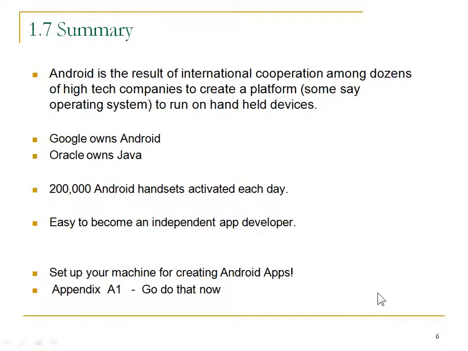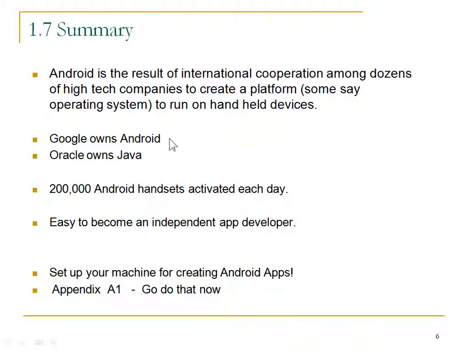Okay, so here's what we did in this first segment. We talked about how Android came about. Scores of companies, dozens and dozens of companies, cooperated to say this is what it should look like, and the Open Handset Alliance really is where this platform came from.